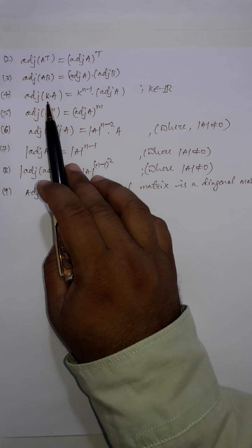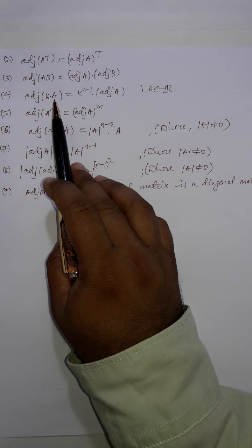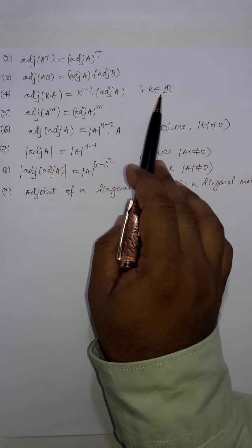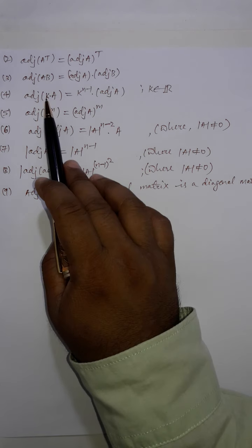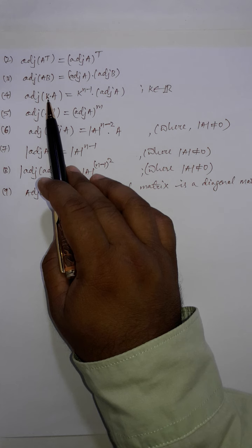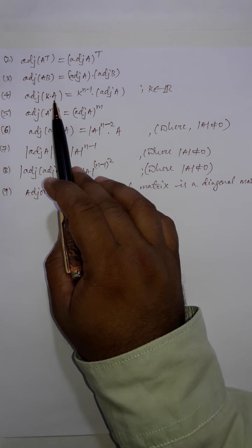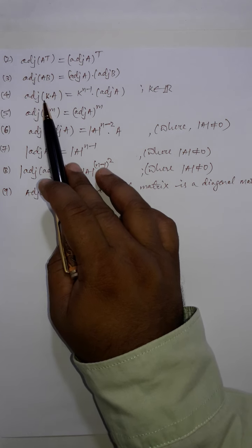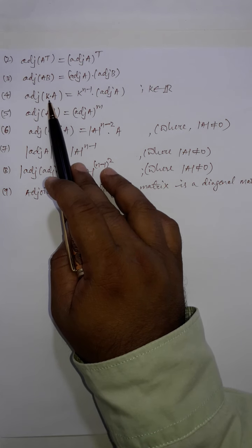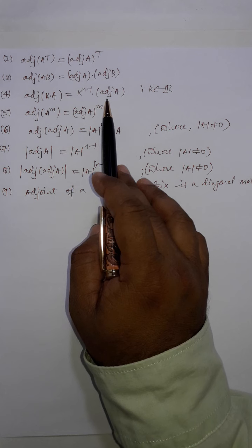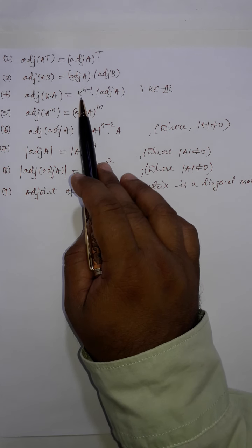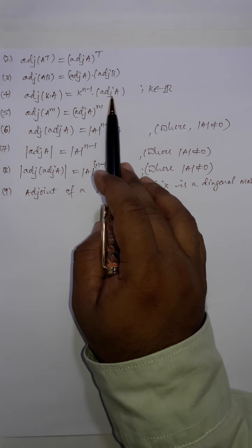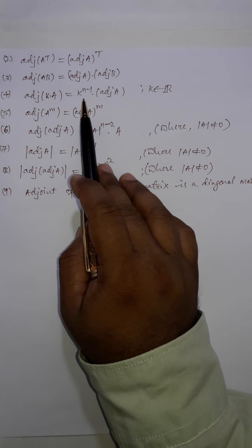The fourth property says that if you are multiplying a scalar k with a square matrix A, where k is a real number, and you are finding the adjoint of that product of the matrix with that scalar, then that will be equal to the product of k to the power n minus 1 with the adjoint of that original matrix.